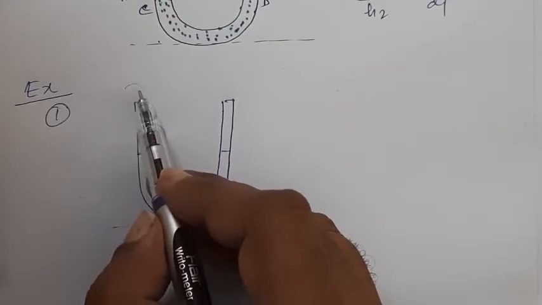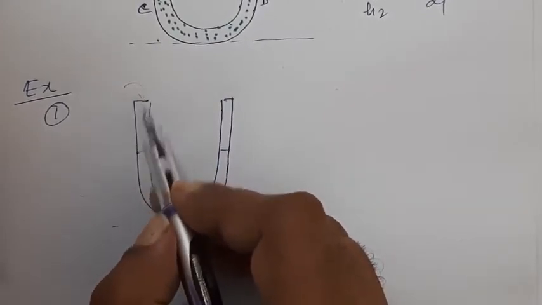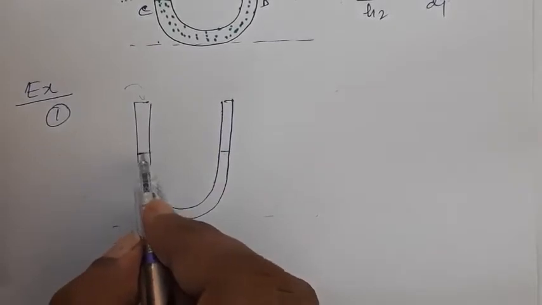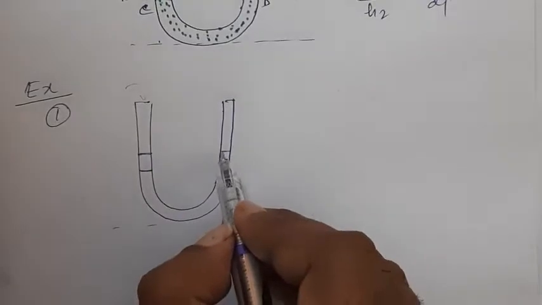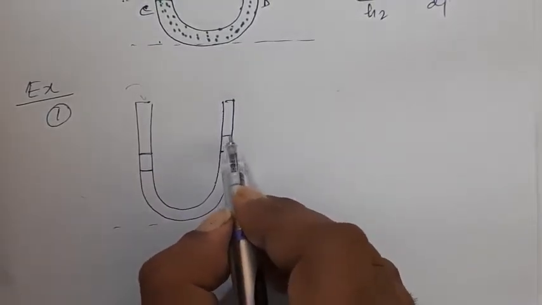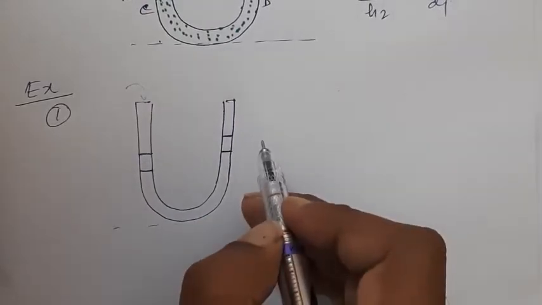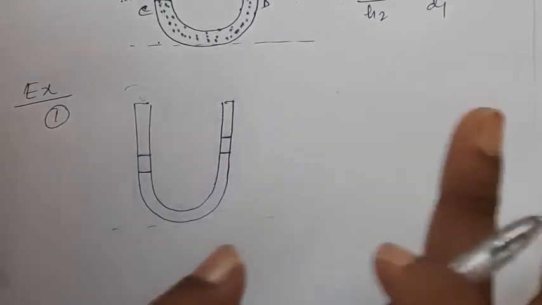The mercury level in the second limb also rises by 2 cm, because the area of cross section of both the limbs is the same.